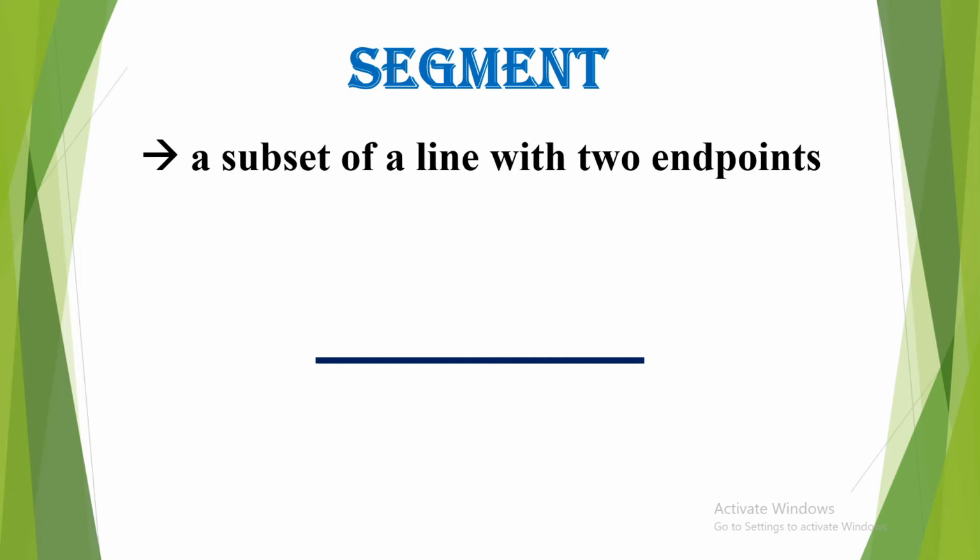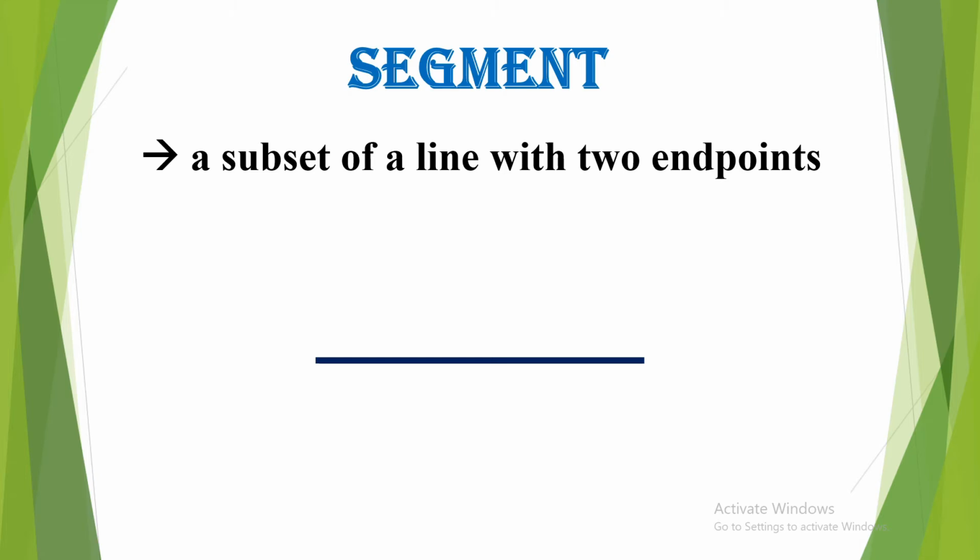It is a subset of a line with two endpoints. Although it's a type of a line, take note that the difference is that on both sides for a segment, we now have endpoints. For line, we have two arrowheads.